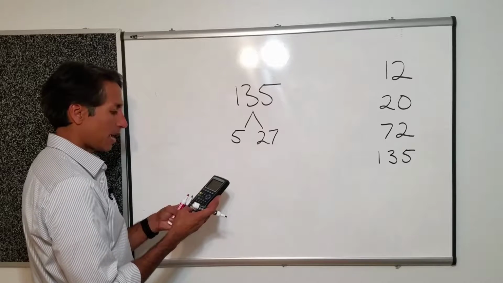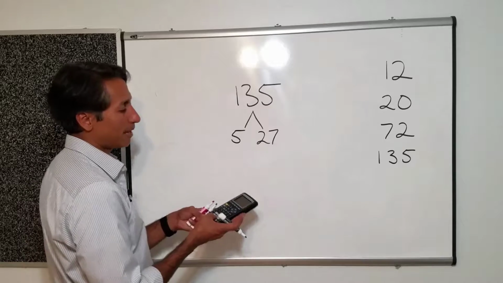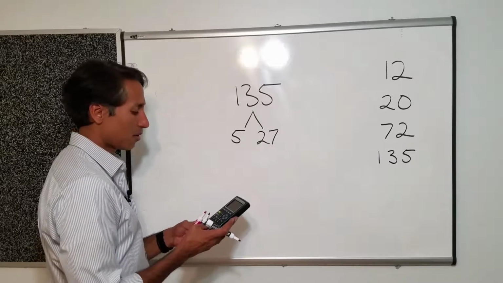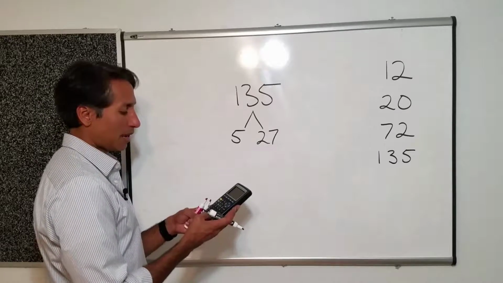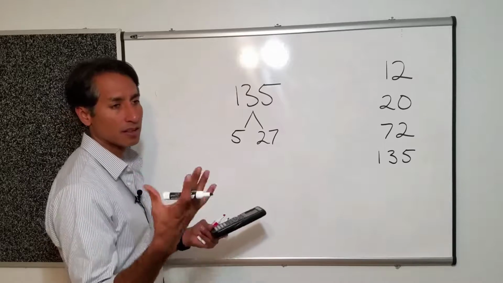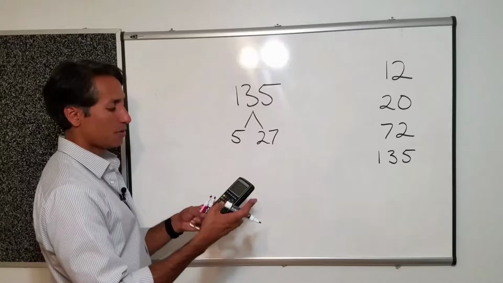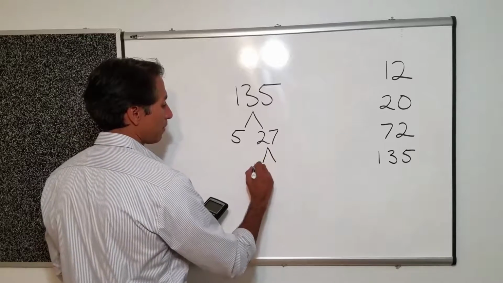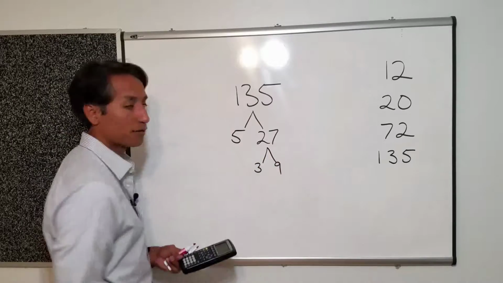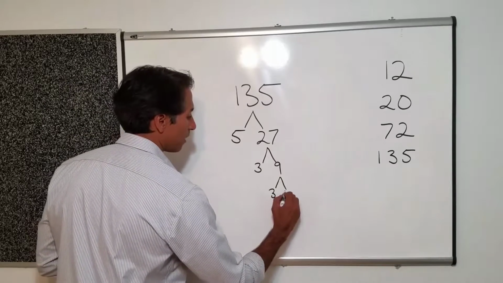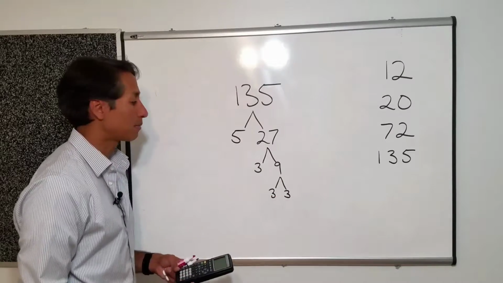Let's say I divided by, it won't be divisible by 2 because it doesn't end in a 2, 4, 6, 8, or a 0. So let's divide it by 3 because that would be the next largest prime number you could use. And lo and behold, if I divide it by 3, I get a 9 over here. And I know that 9 can be divided like that, 3 times 3.